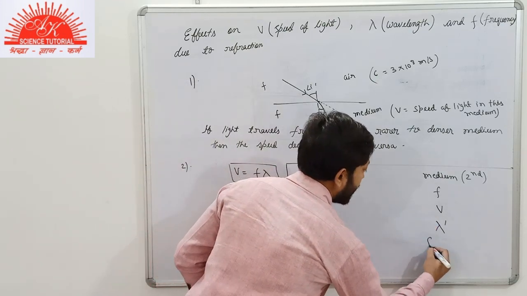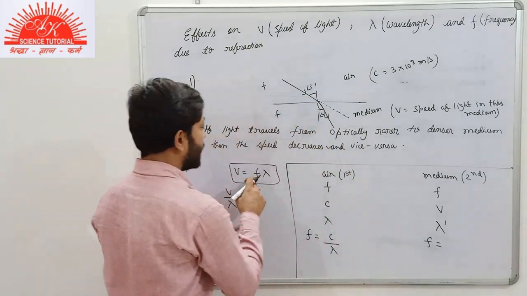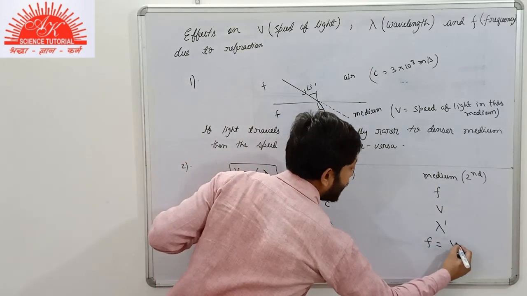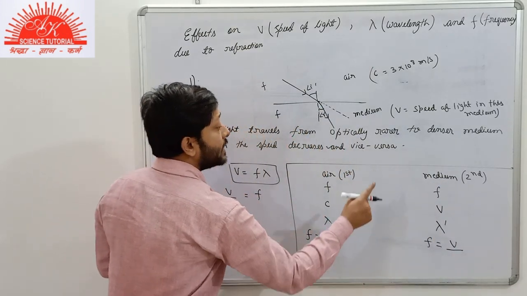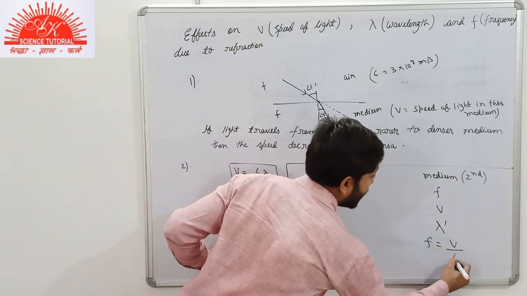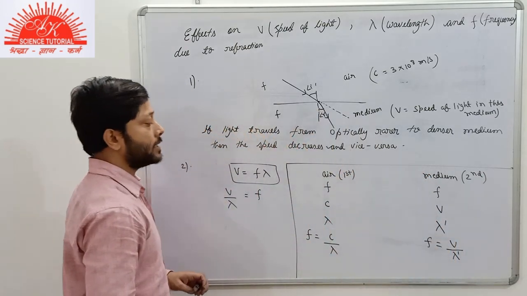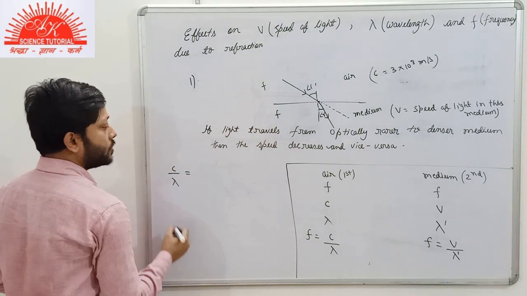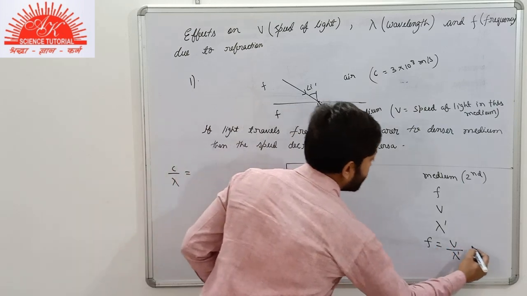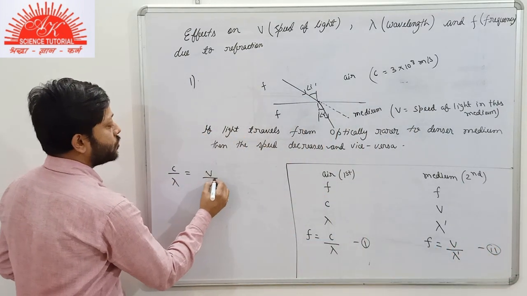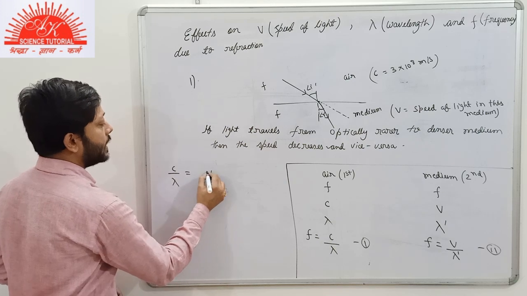Now in the second medium, f is again v by lambda, where the speed of light in the given medium is v and the wavelength in the given medium we have assumed to be lambda dash. Suppose this is our equation 1 and this is our equation 2. So c by lambda is equal to v by lambda dash.